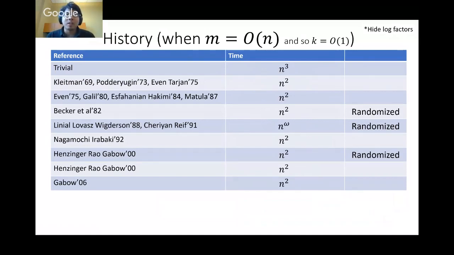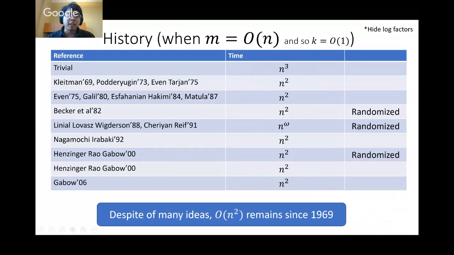Okay. So this seems like a complicated history, but once you look at the special case when the graph is sparse, when M is N, hence K must be constant, this becomes much more simplified. But you see, despite many ideas from a long time ago, the N squared bound has remained here since 69.